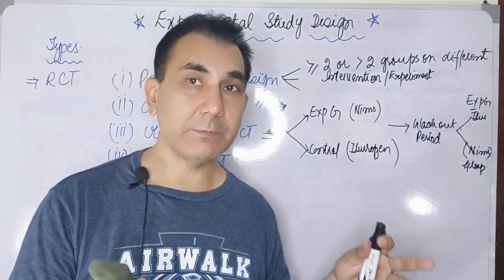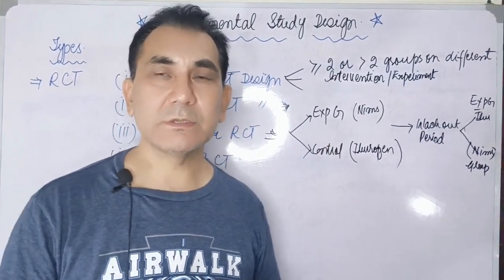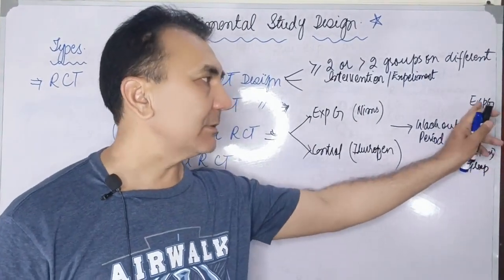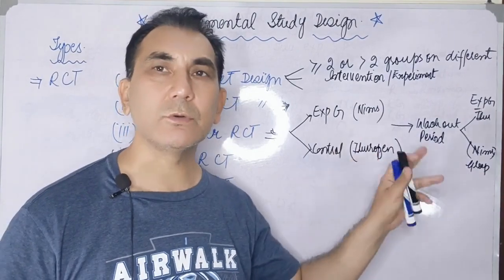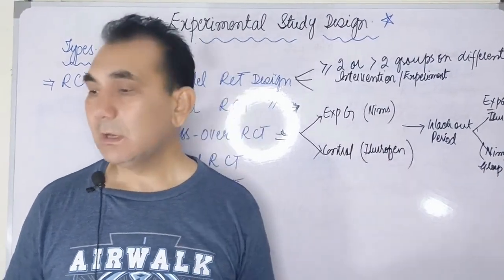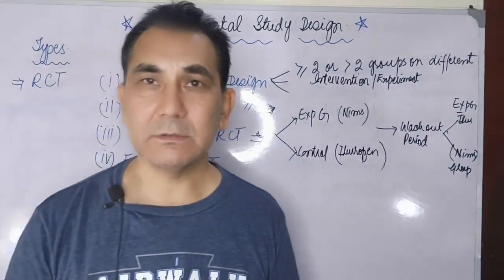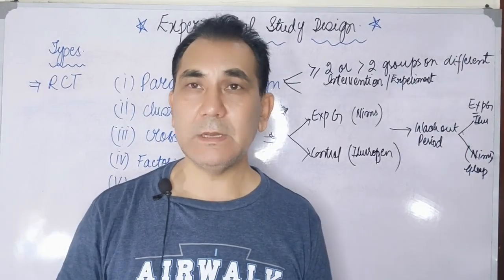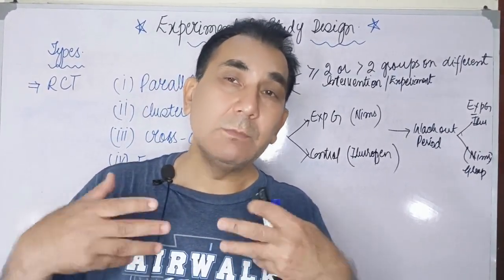Then, after the washout period, he again shifted the drugs. To the experiment group he gave the ibuprofen and the NIMS to the control group. Then the effectiveness remained the same in reducing the pain, swelling and inflammation in the NIMS group.